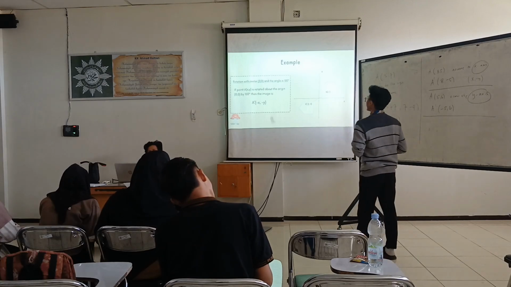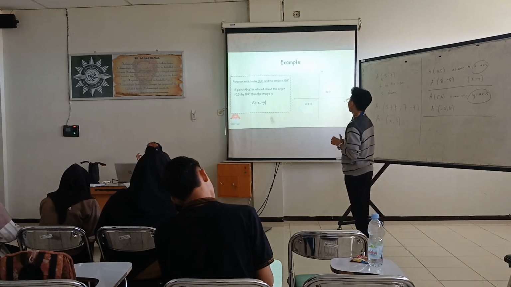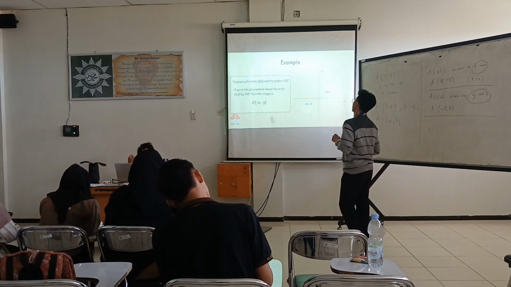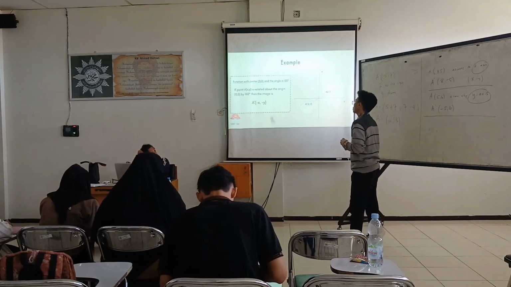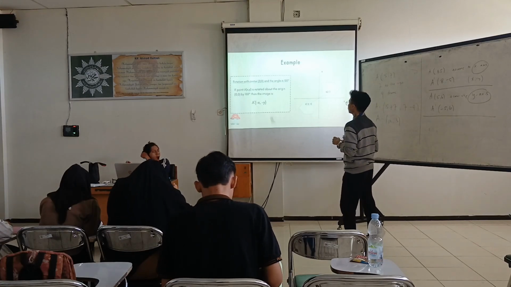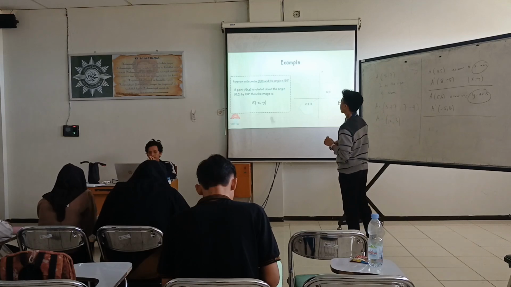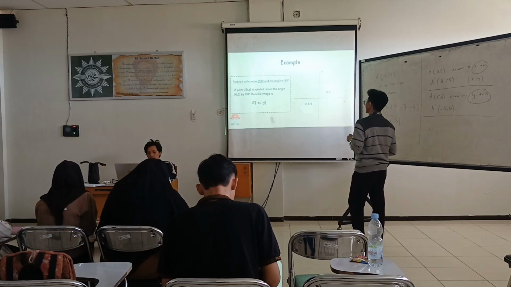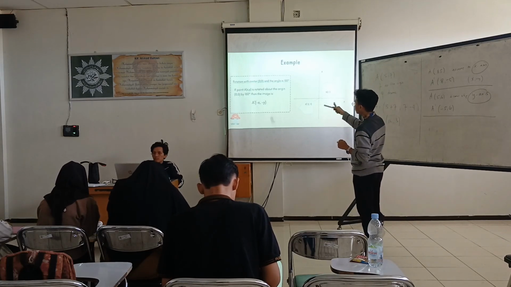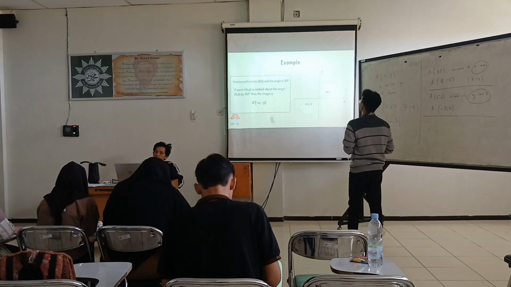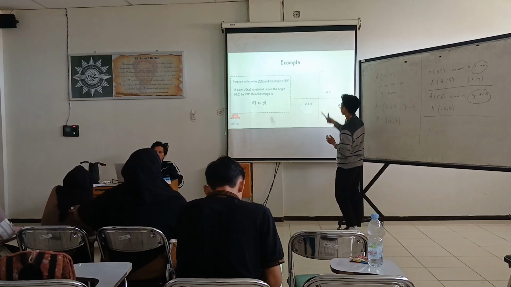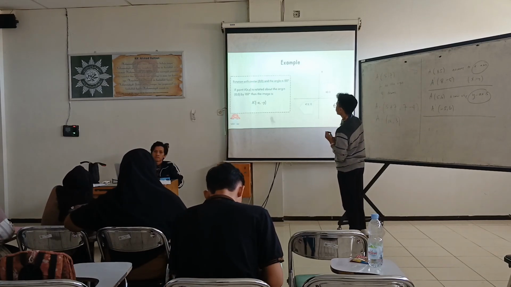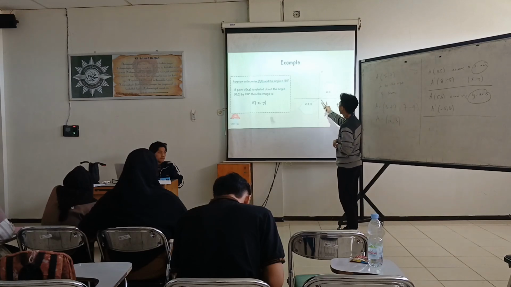Now the third one is rotation with center (0,0) and the angle is 180 degrees. If point A (x, y) is rotated about origin (0,0) by 180 degrees, then the image A' is (-x, -y). For example, we have point A (2, 1). We need to have the rotation with center (0,0) and the angle is 180 degrees.